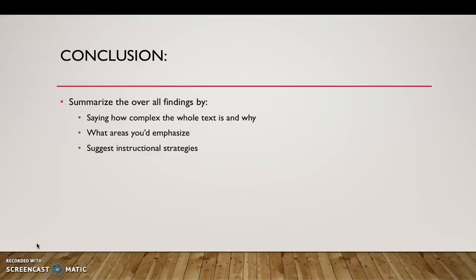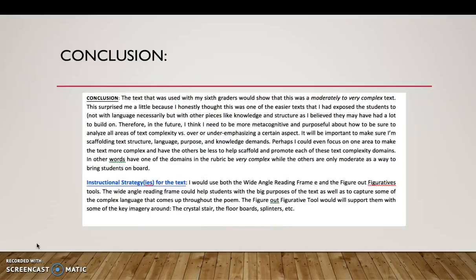After you've considered each of these 4 areas, you will want to write a conclusion about the text as a whole. You want to talk about how complex you believe it is as a whole and why, what areas you'd possibly emphasize, and then suggest instructional strategies. Take a moment to read the conclusion again, either from the link or from what you copied off.